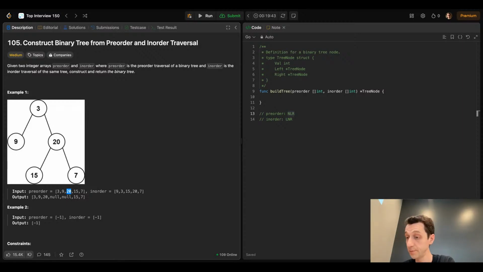Okay, that's good news. At least we think we know the root. Small little win.